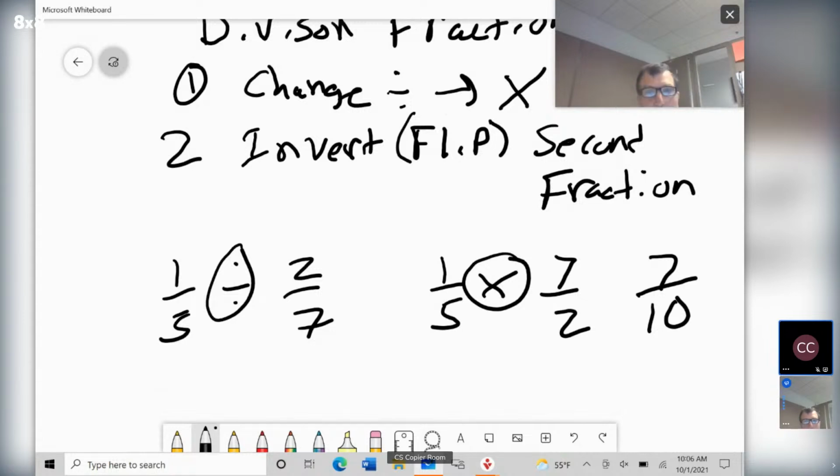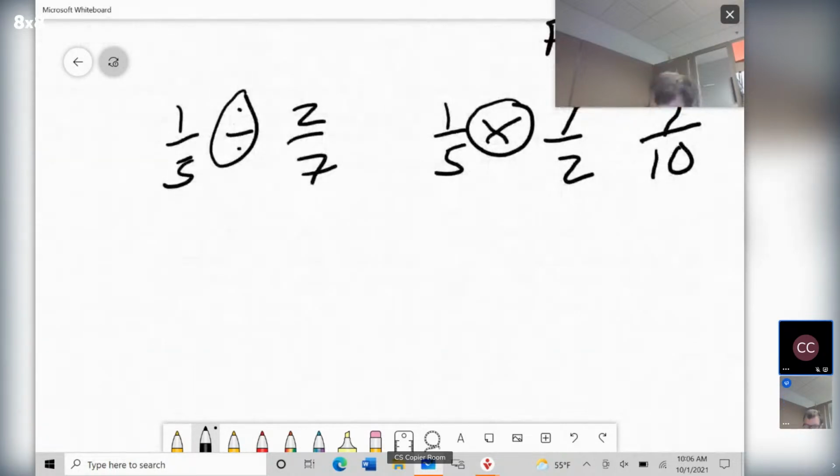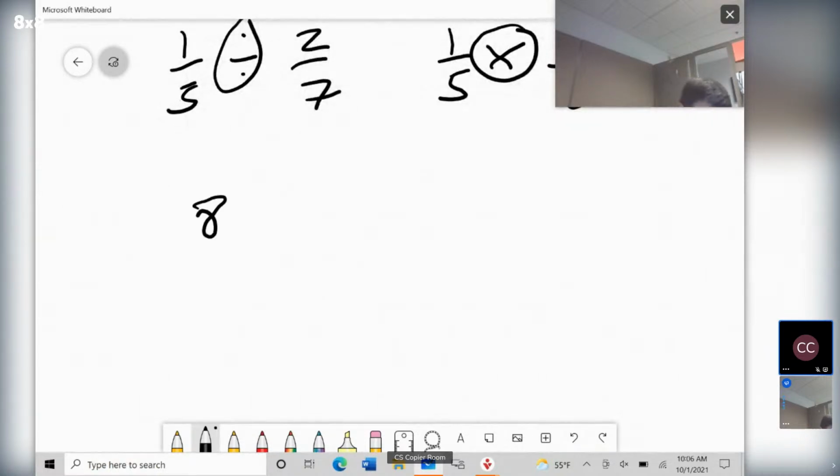Okay. One last thing I want to do today, I want to practice, and I'll give you some of this, reducing fractions. So we kind of did that yesterday with the greatest common factor. So if you see a fraction, if you see 8/20, it should clue you off that those are two even numbers.